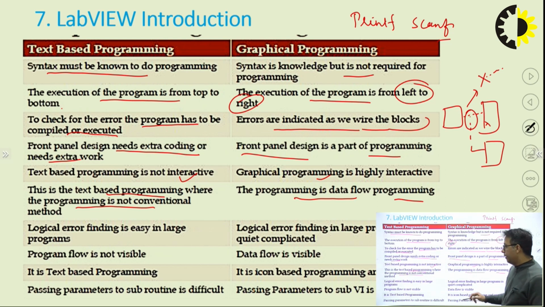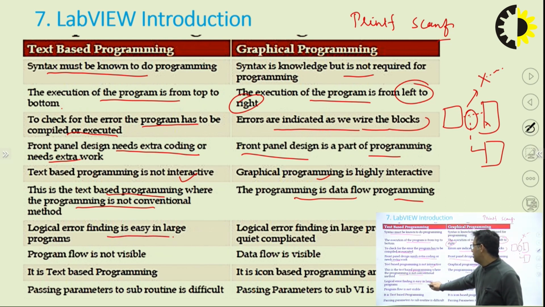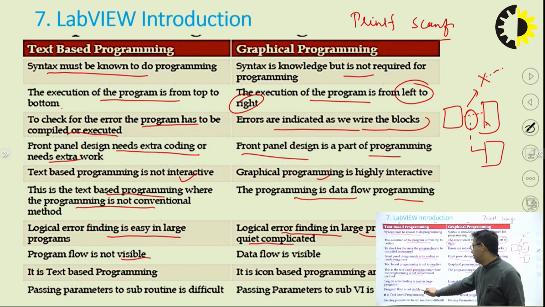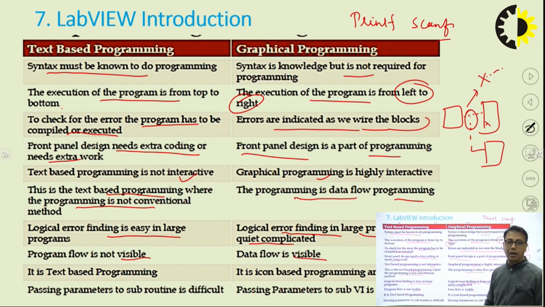Here logical error finding is easy in large programs, whereas in text based programming it is quite complicated. As we make big applications on that platform, error finding sometimes becomes quite cumbersome. In text programming, the program flow is not visible, but here we can see how our data is flowing while executing the program. That is also possible in graphical programming.